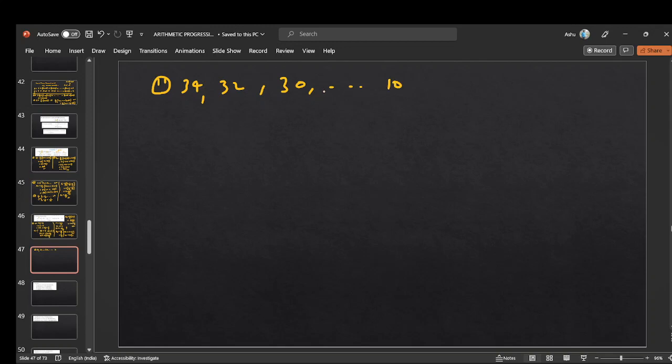Clear? Here is plus and plus. Now here a is the first term, d is 32 minus 34. Clear? D is 32 minus 34. Then what will be the difference? This is minus 2. Clear?